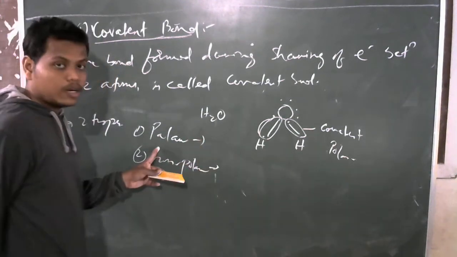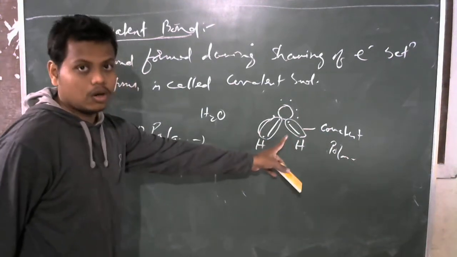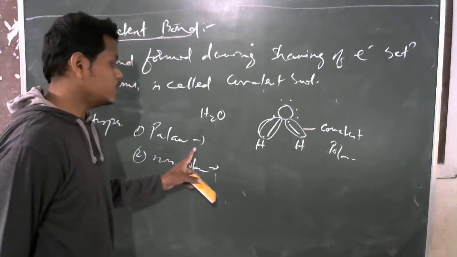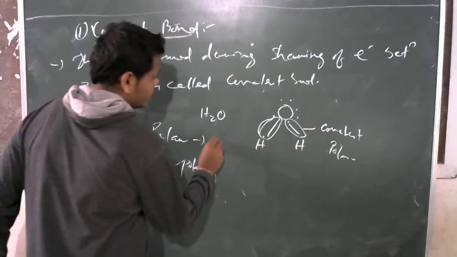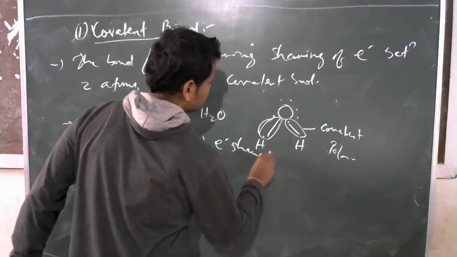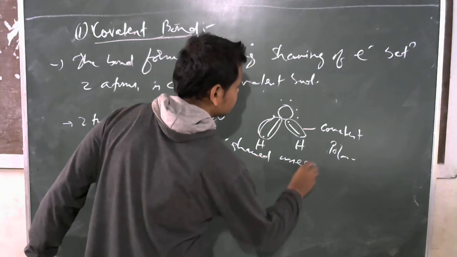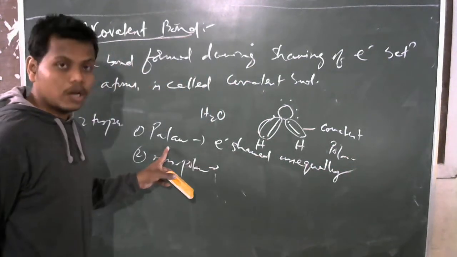What is a polar covalent bond? When the electron is shared unequally, then the covalent bond formed is called a polar covalent bond.